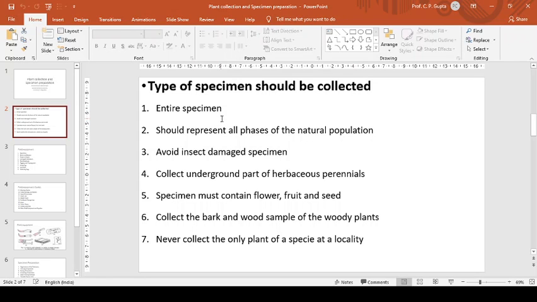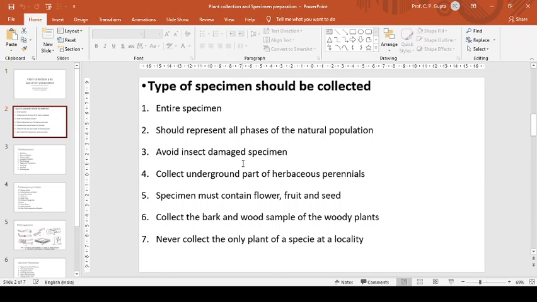The points to be kept in mind during a plant collection are: collect entire, vigorously growing, typical specimens. Select such individuals that represent almost all phases of natural population.